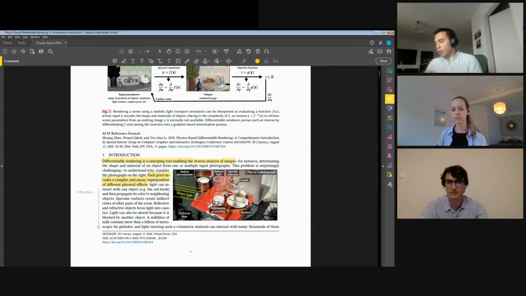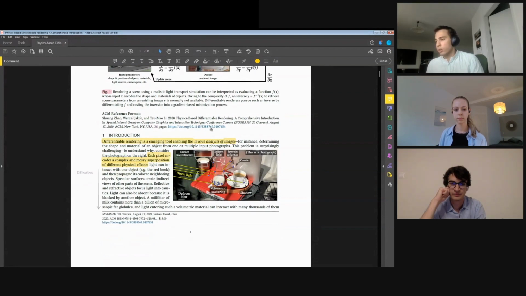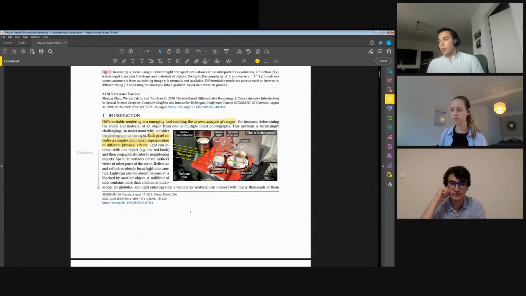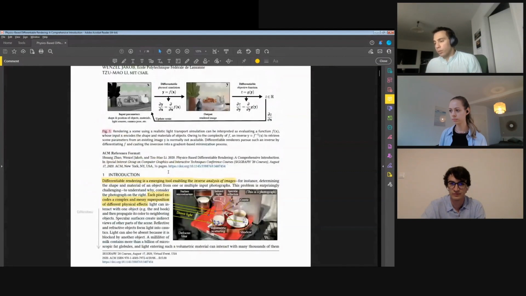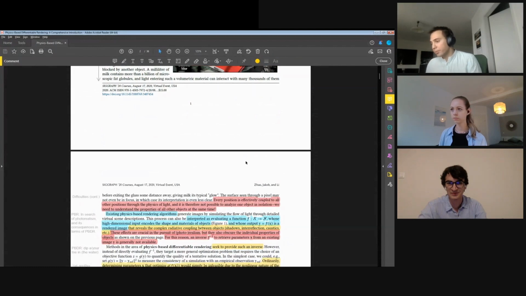They immediately show you an image and what visual effects it contains, and how it would be difficult to invert that process. They mention that each pixel encodes a complex and messy superposition of different physical effects. And they conclude that every position is effectively coupled to all other positions through the physics of light, and therefore it is not really possible to invert this process of rendering.